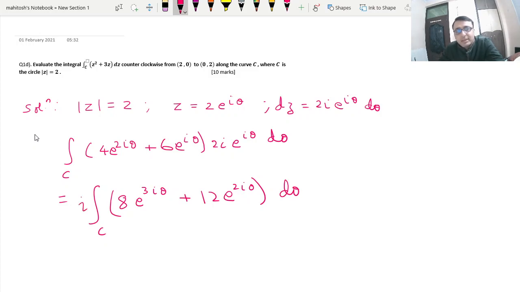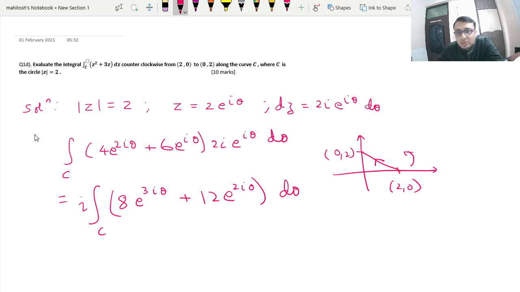Now it's important that we find out the limits. It's going along a certain path, from (2, 0) to (0, 2). We are supposed to go counterclockwise, that is against the clock, in this direction. If you put it on the Argand plane, it is very visible where our theta runs from.